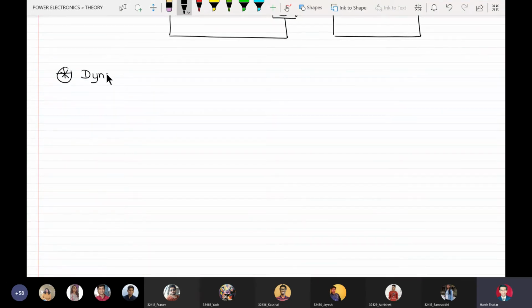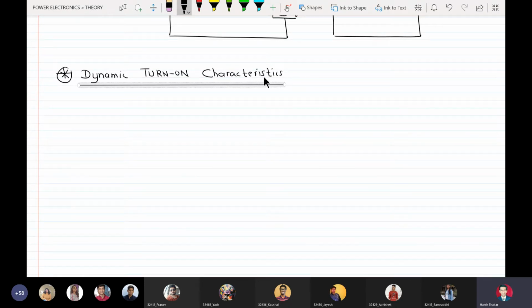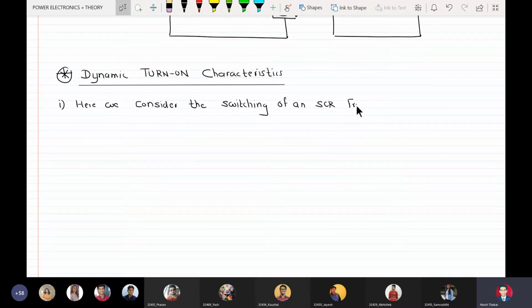Dynamic turn on. First point here, we consider the switching of an SCR from off to on state.